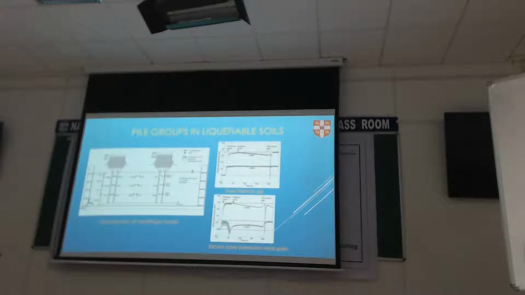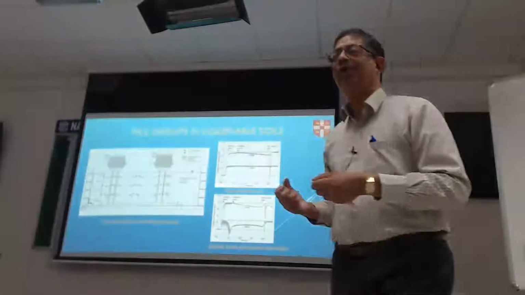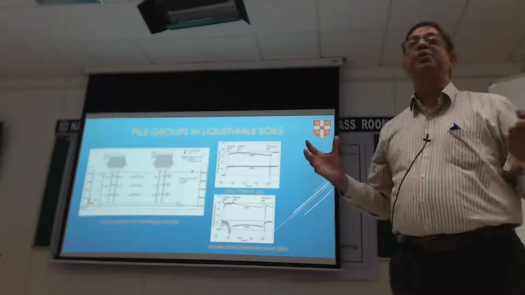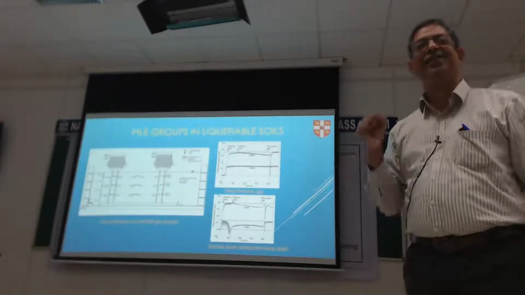And this is the proof we were looking for, that the material next to the pile will go into strong dilation. And that suction is what resists the movement of the pile. In this case, the pile cap is so heavy, it could not stop it from falling over, but it tried. It tried its hardest.